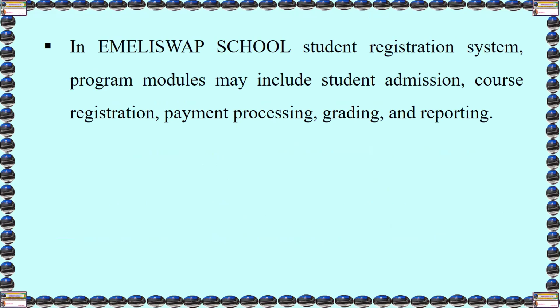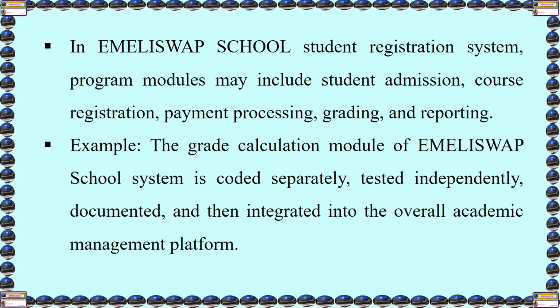In a SWAP school, for example, where we have a student registration system, the program modules may include student admission, course registration, payment processing, grading, and reporting. Example, the grade calculation module of a SWAP school system is coded separately, then tested independently, documented, and then integrated into the overall academic management platform.